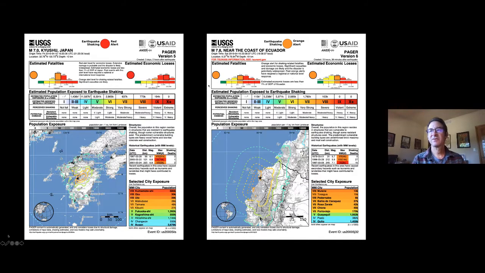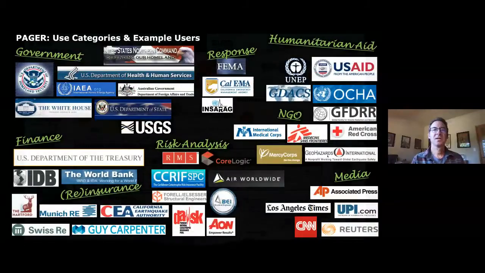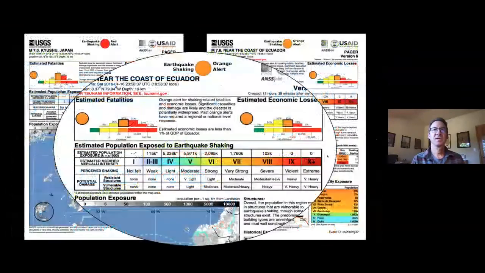And we also have information about the structures, their vulnerability, and the predominant types of construction. We also have the cities that are nearby and the shaking intensity and the population, as well as information about historic earthquakes in the location.